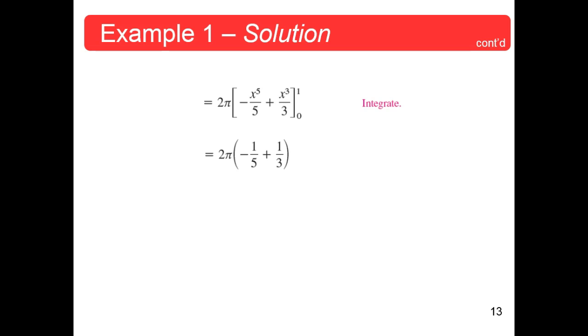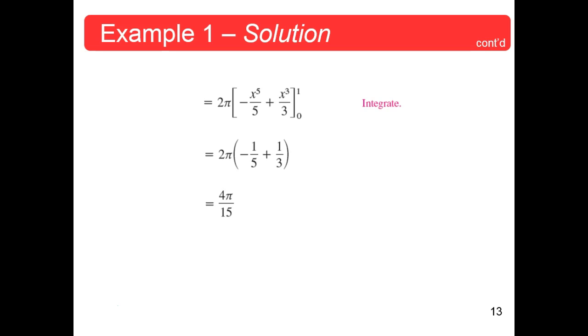So 2 pi times negative 1/5 plus 1/3, and that's 2 pi times a positive 2/15, which is 4 pi over 15. Okay, that was, excuse me, example 1.